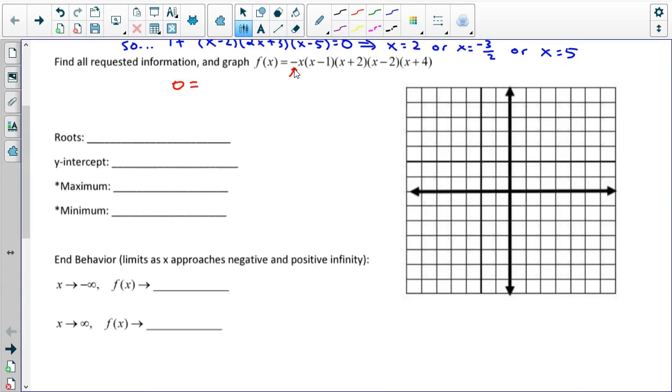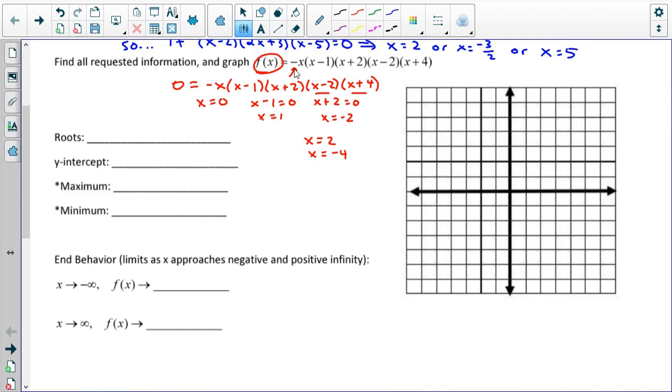If I take a look at 0 equals negative x times x minus 1 times x plus 2 times x minus 2 times x plus 4, what that means is that either x has to equal 0, x minus 1 has to equal 0, which means x equals 1, x plus 2 has to equal 0, which means x equals negative 2, or likewise, x minus 2 or x plus 4 equaling 0 means x equals 2 or x equals negative 4. Any one of these things must be true in order for this function f of x to equal 0.